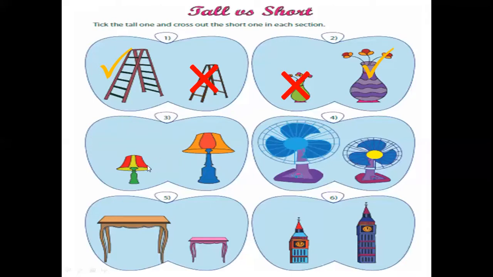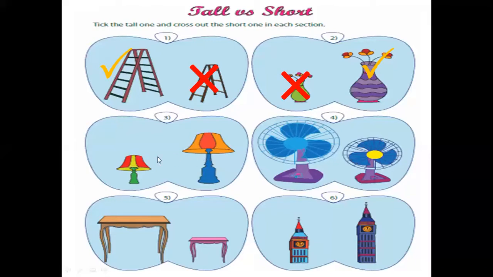There are 2 pictures of a lamp, same lamp. One is short and the other is tall. Which one is tall? Can you tell me? This one is tall? No, this one is short. This one is not tall. Compare the height up to here.